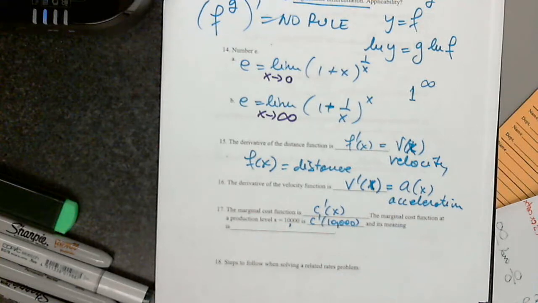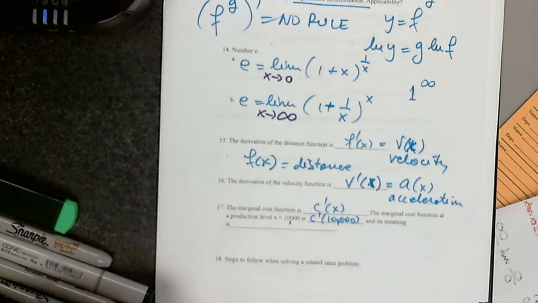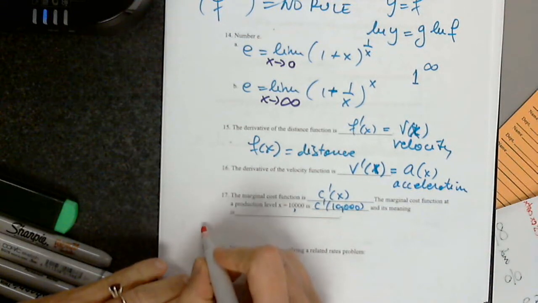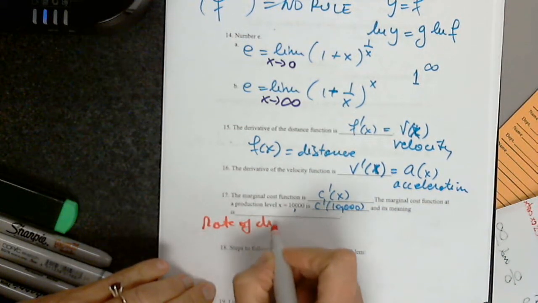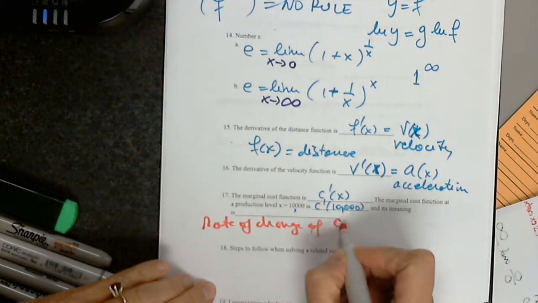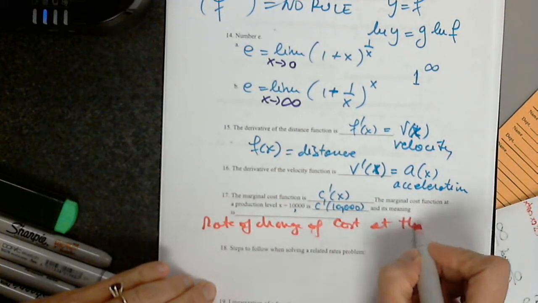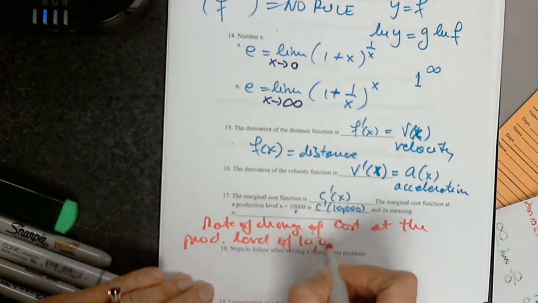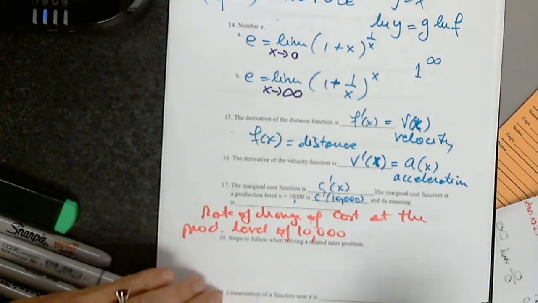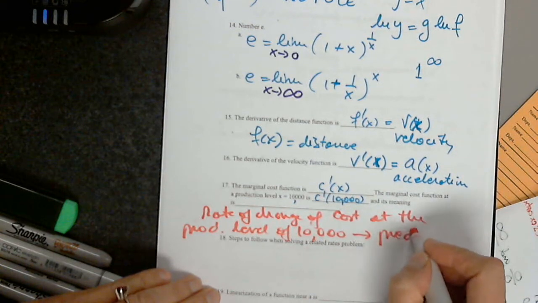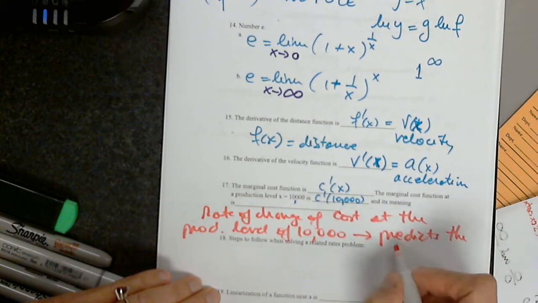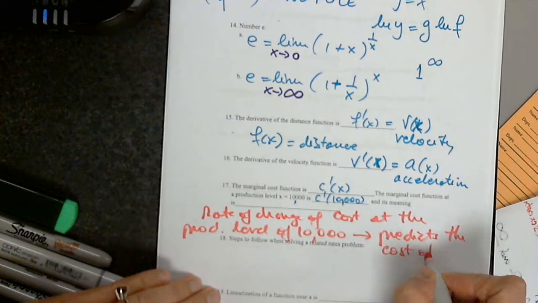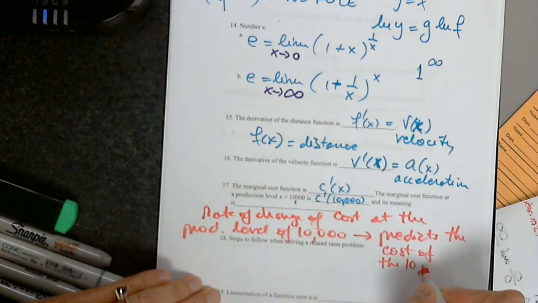But it really predicts the cost of the 10,001st item.